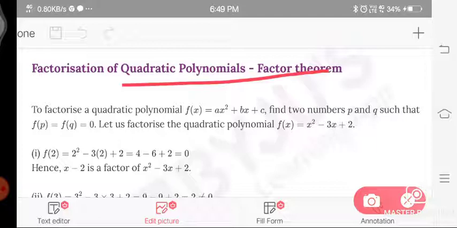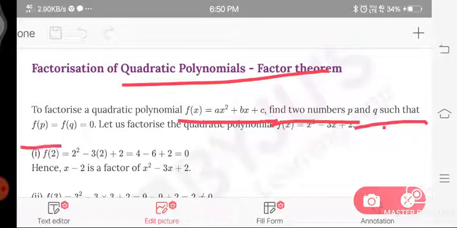To factorize a quadratic polynomial f(x) equal to ax square plus bx plus c, find two numbers p and q such that f(p) is equal to 0 and f(q) is equal to 0.